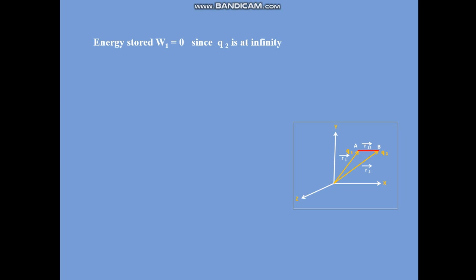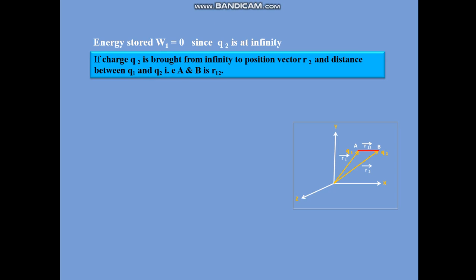So, we can now find the energy stored. W1 is equal to 0 since q2 is at infinity. If the charge q2 is brought from infinity to position vector r2, the distance between q1 and q2, that is A and B, is r12. Work done W2 is equal to the potential at B due to q1 times q2.